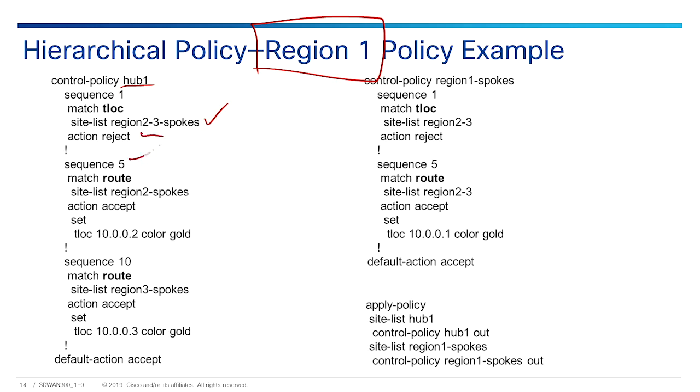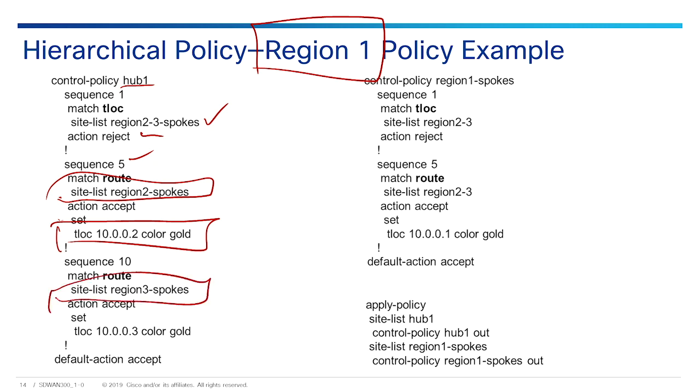Our sequence 5 is to match the routes from region 2 spokes and accept them, and set that TLOC to be going to the region 2 hub. Okay? Then sequence 10, our site list is region 3 spokes, where the action is also accept to go to the region 3 hub, and then accept all others.